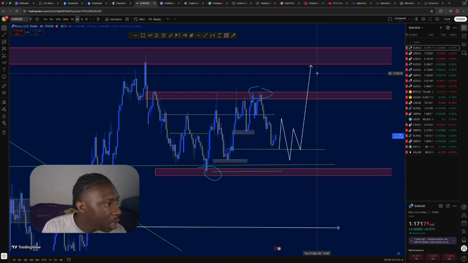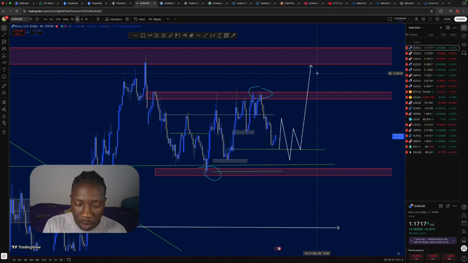We always need to see the market showing its way, so that it takes the market to that direction, because we don't want to be the first ones to take the trade.